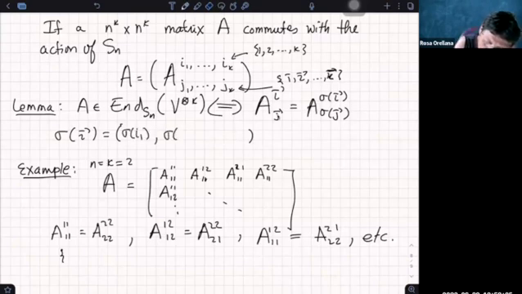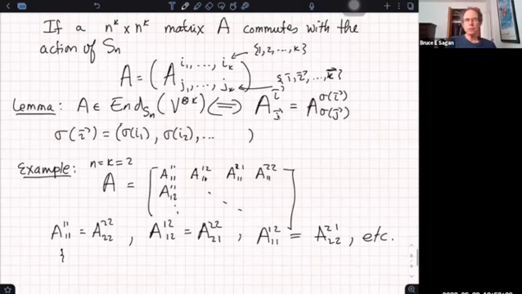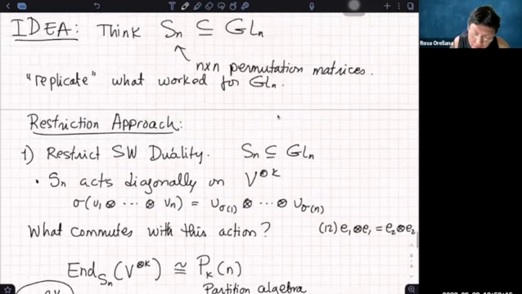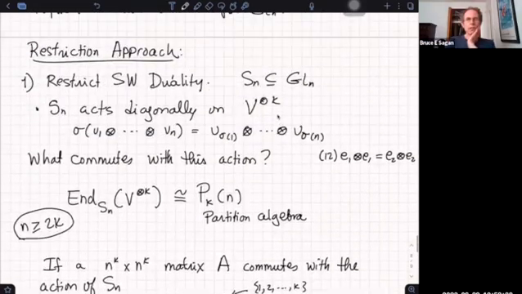And while we're stopped, I also had a question further up when you were defining the action of sigma, this new action. The diagonal action. In general, even if you've got a permutation matrix, sigma of V1 isn't going to be V sub sigma 1.